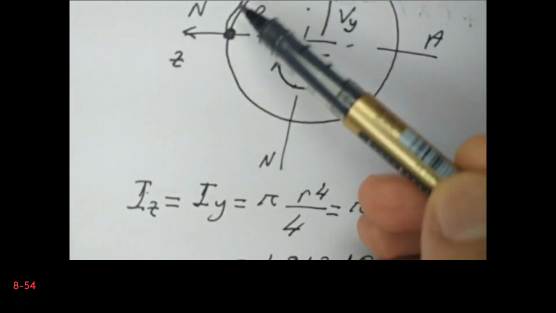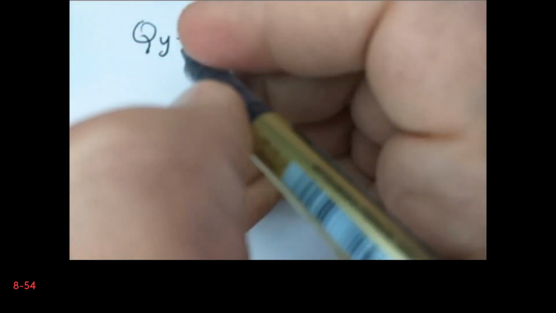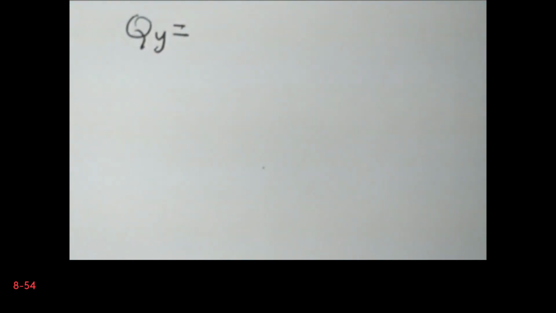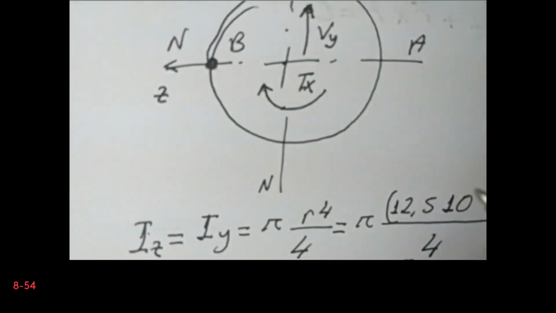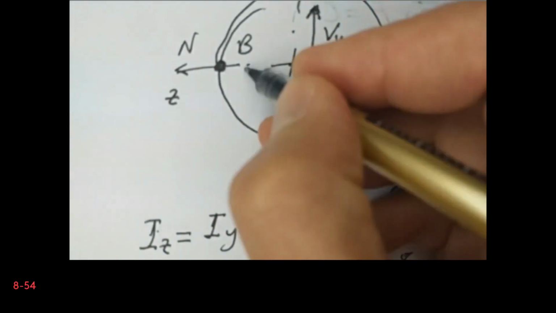So first moment of the area, in y direction we have positive, so it is in this direction, so we can calculate either of the halves.